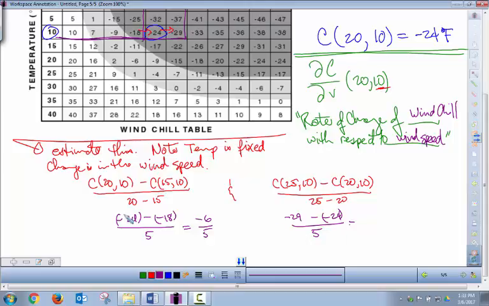Is the bottom negative? No, it's positive, yeah. Okay, so hey, am I doing it right? Is this okay? So this is negative 5 over 5, which is negative 1. Negative. Yeah. All right.